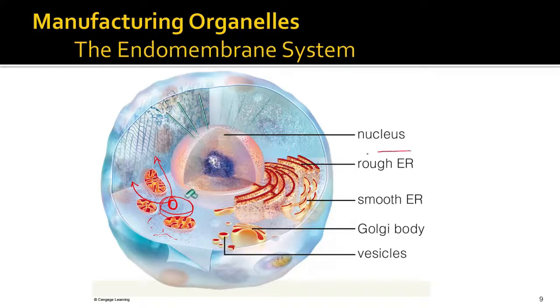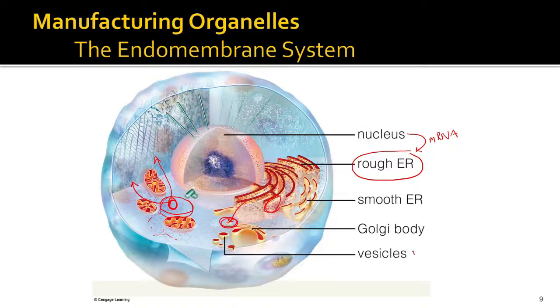But then we also have the rough endoplasmic reticulum. It got its instructions from the nucleus, right? We did transcription in the nucleus and we sent messenger RNA to the rough ER, which also contains those little dots, the ribosomes. And if we make it there, then we can pinch off a completed set of proteins in a vesicle.